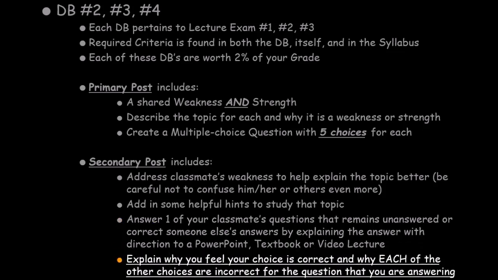Also, as I explained to you with the highly recommended review questions, I need you to explain why B is correct, but you also need to know why A, C, D, and E are incorrect, and explain that in your secondary post, okay?